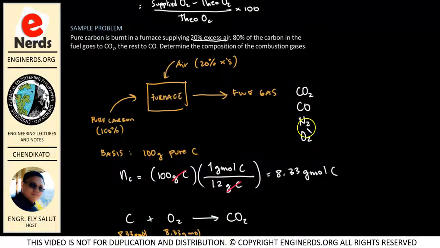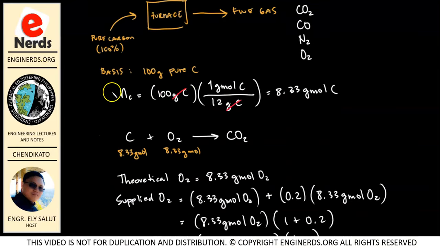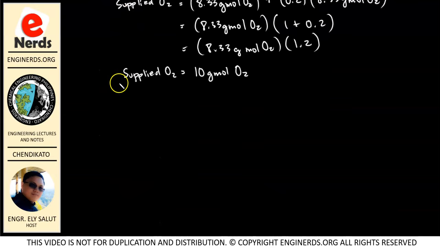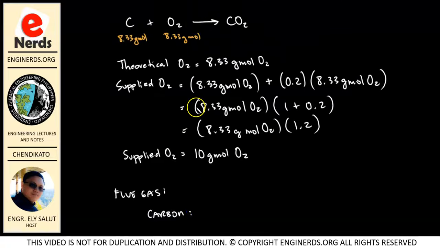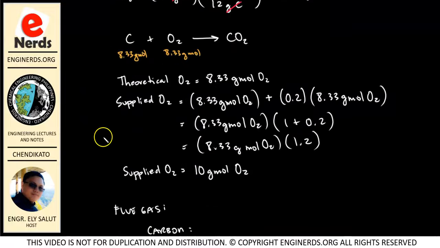So, yan yung mga component ng flue gas natin. Hindi lang natin alam kung ano yung mga values niya. So, let us see muna. Ito kasing given natin, 80% ng carbon is naging CO2. So, ano ba yung carbon natin? So, flue gas tayo, no? Flue gas. Yung carbon, 80% of the carbon goes to CO2.